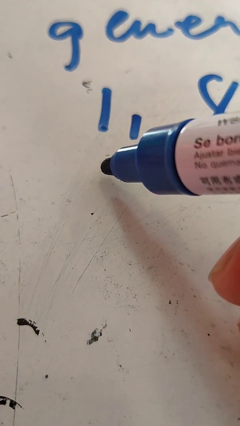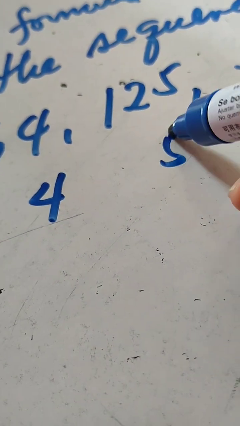Okay, so if you look at the given terms of the sequence, we have the first term n, the second, the third, the fourth, and the fifth.